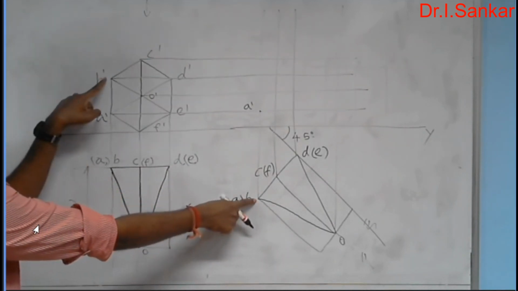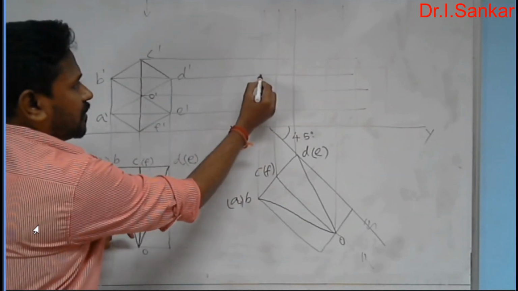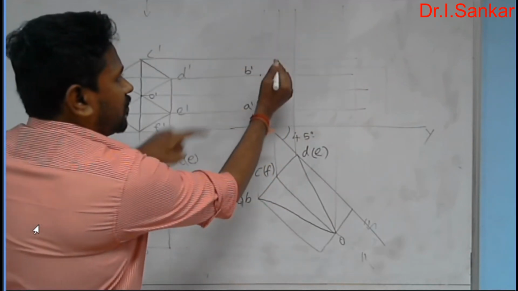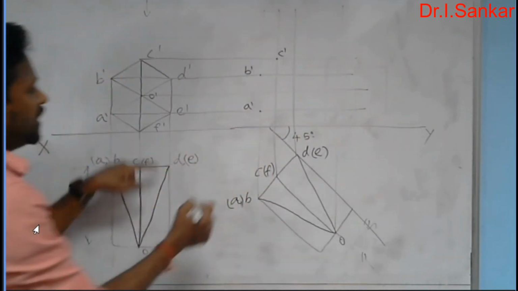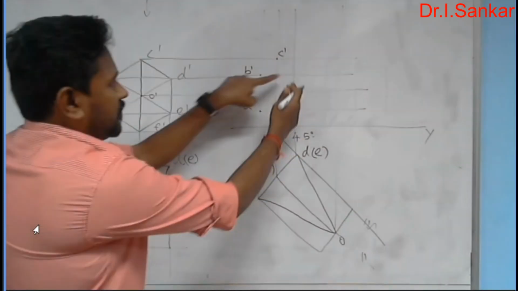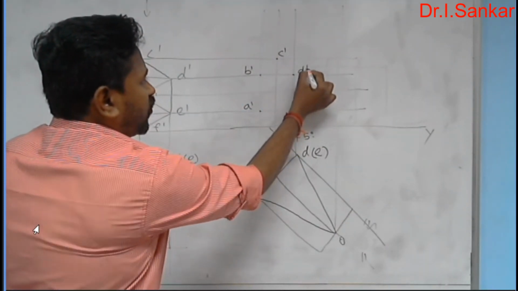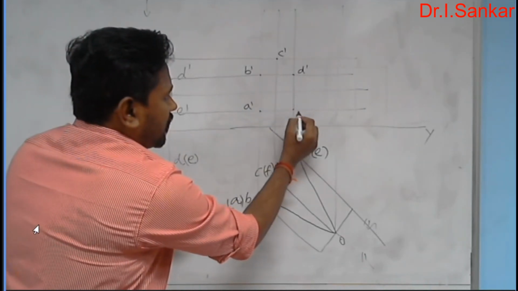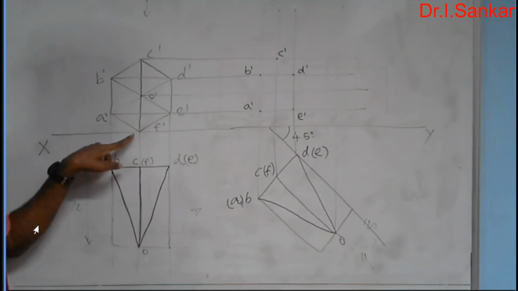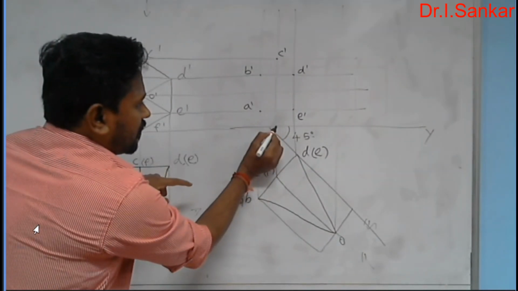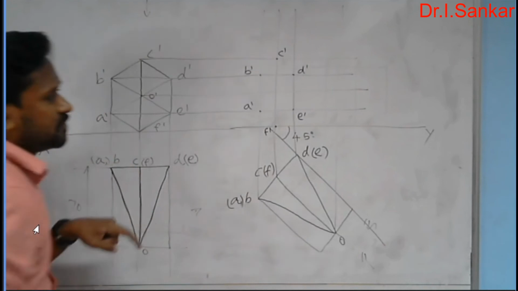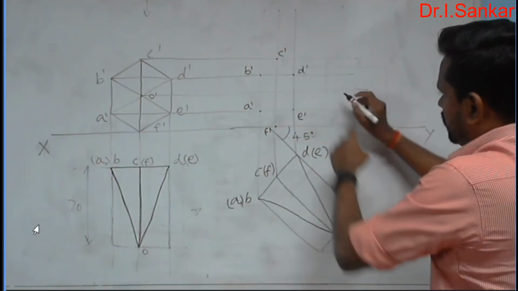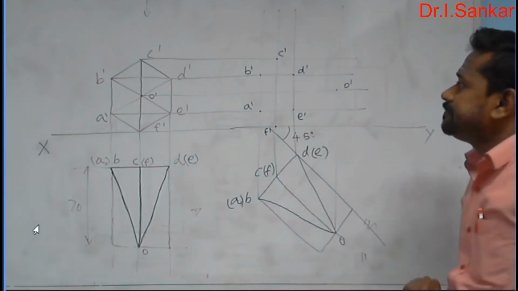Similarly, B, B dash here, final B dash, C dash, C, final C dash, D dash, D, final D dash, E dash, E, final E dash, F dash, F, final F dash, and again O dash, O, here O dash.